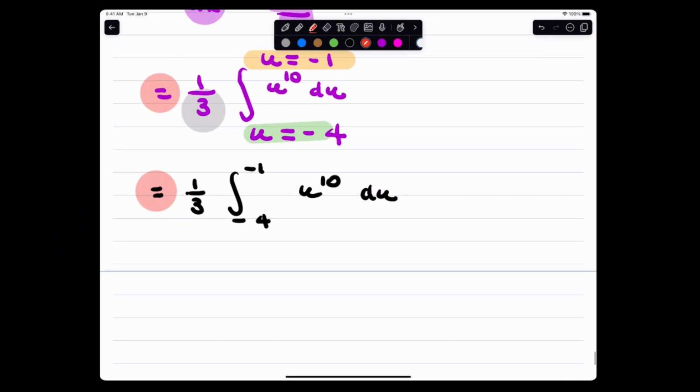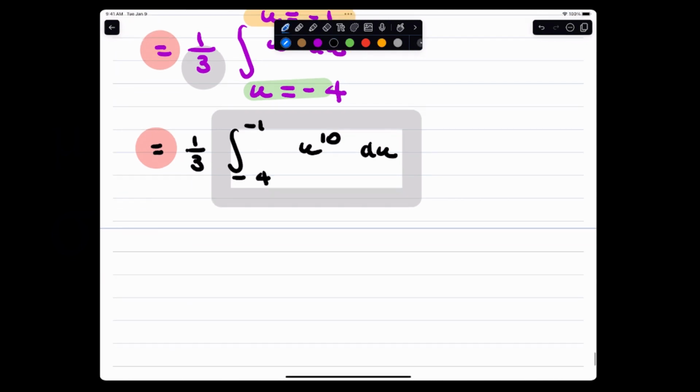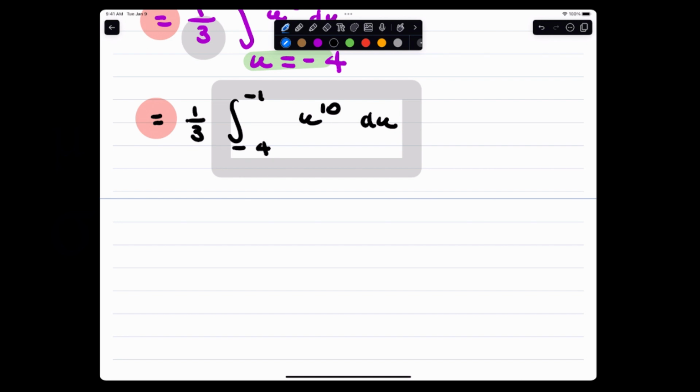And now all you got to do, ladies and gentlemen, is find the antiderivative or the power rule for this integral. And that's it. So what happens now? Isn't this 1 over 11 u to the 11th power, negative 4 to negative 1? Don't forget your constant of 1/3.